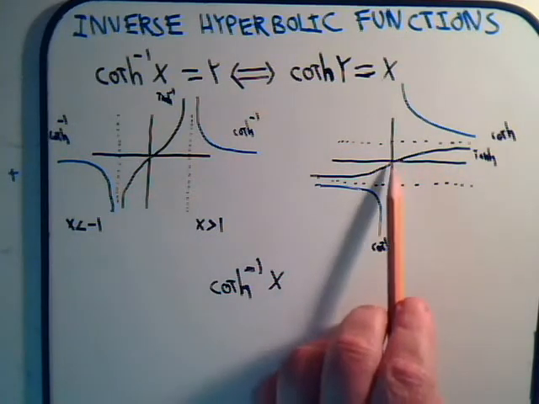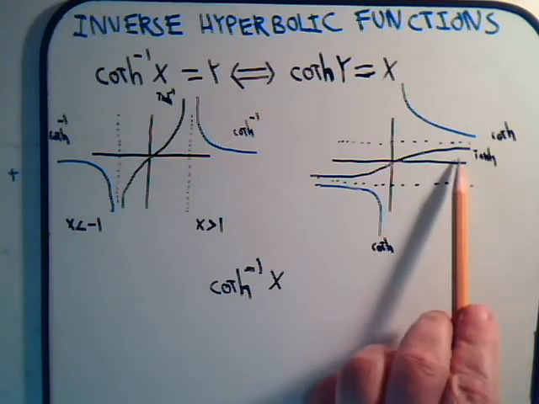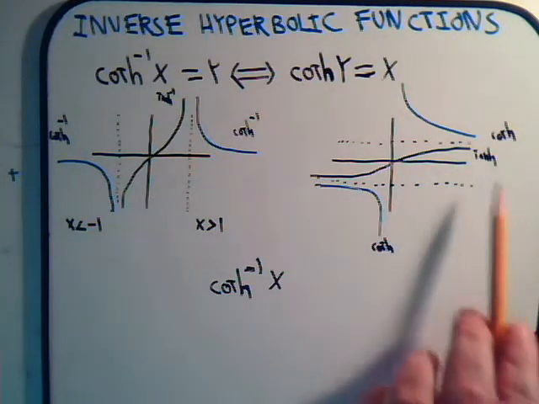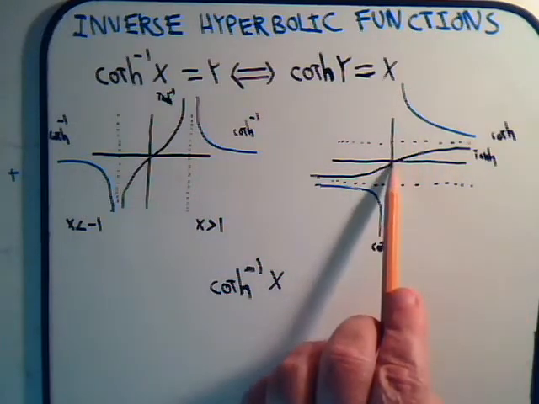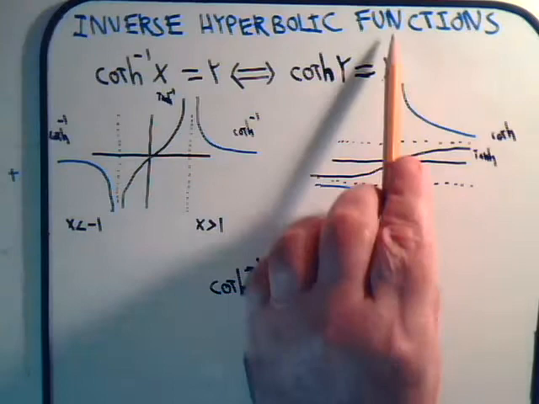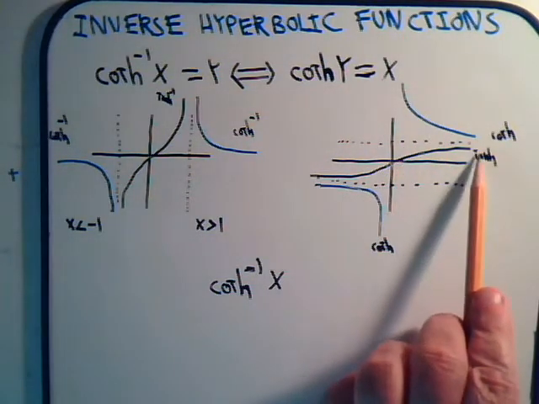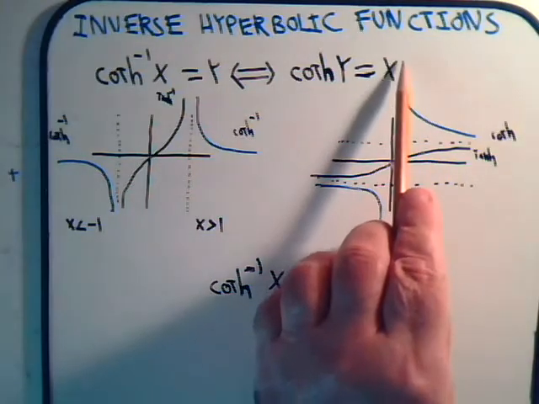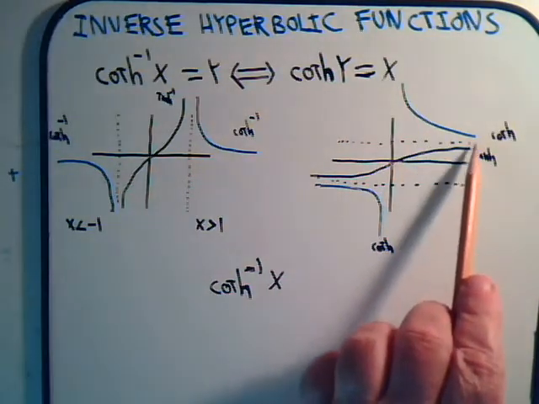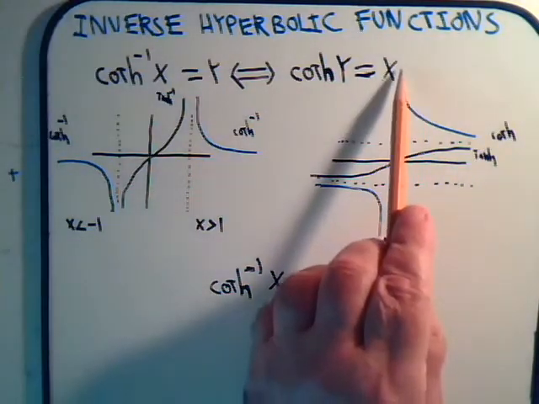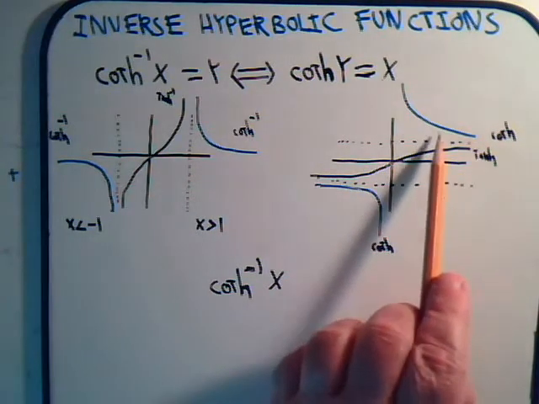Here, y is 0 for the tangent, and the cotangent is the reciprocal of this. So if y is 0 for its reciprocal curve, we would expect y to be approaching infinity. Then as this approaches plus 1, its reciprocal curve is going to decrease to plus 1. So the general shape of the curve is what we would expect.